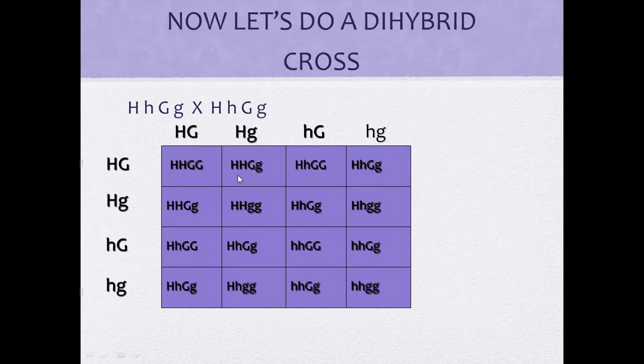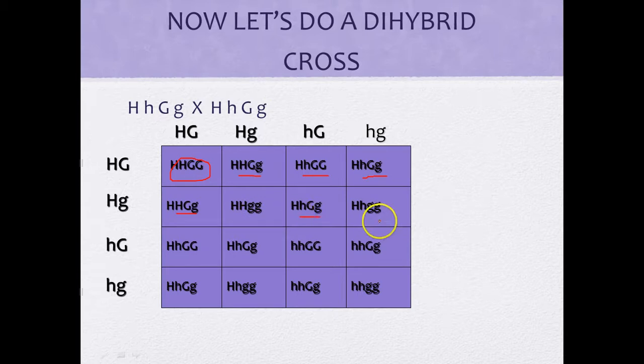The next one would be huge and green. Actually, let's go through and take a look at all of the huge green individuals. This one would be huge and green. 2, 3, 4. This one would be 5. This one would not be, because those 2 little g's there would make it blue.